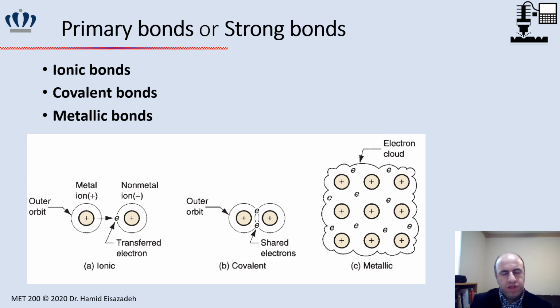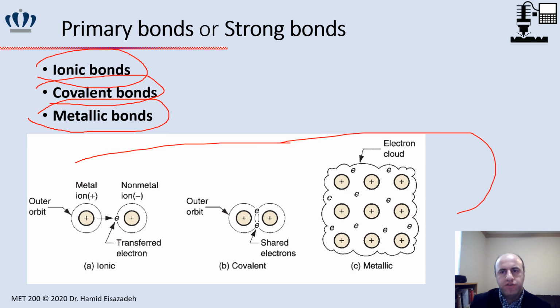Depending on the way the electrons are going to be shared, we have three types of bonds. One is called ionic, then we have covalent, and the third one is called metallic. This schematic shows these three types. In the next slide, I describe these bonds individually.